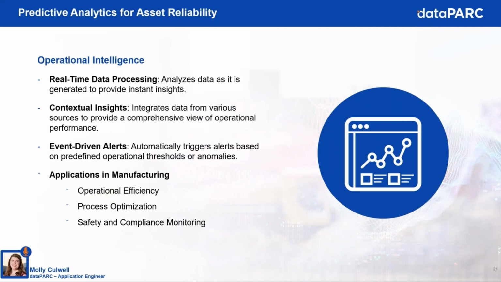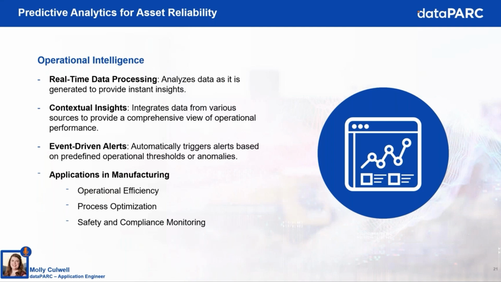Some typical features of operational intelligence are real-time data processing, analyzing the data it generates to provide instant insights; contextual insights, integrating data from various sources to provide a comprehensive view of operational performance; and event-driven alerts like limits or alarms to trigger alerts based on predefined thresholds.